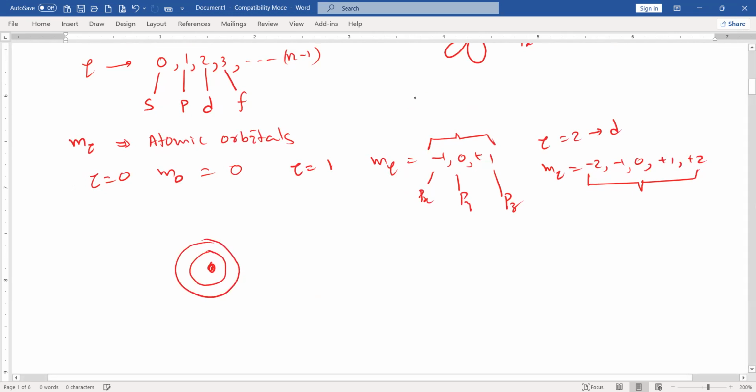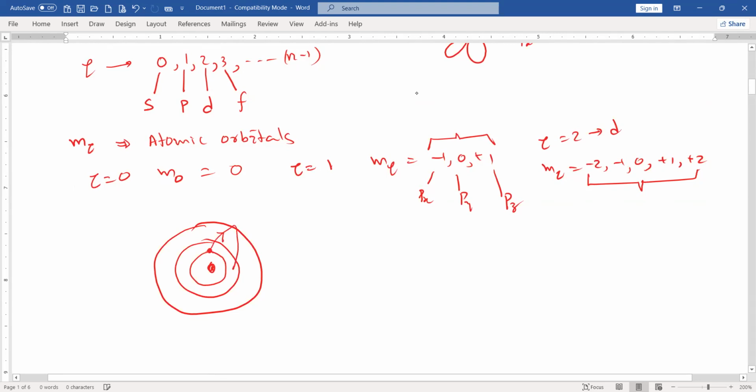If energy is given to that electron, it will transfer from a low energy level to a high energy level. If it is in a high energy level, it will come back to a low energy level by releasing energy. So it is not always changing, but sometimes it will change when energy is absorbed or released.